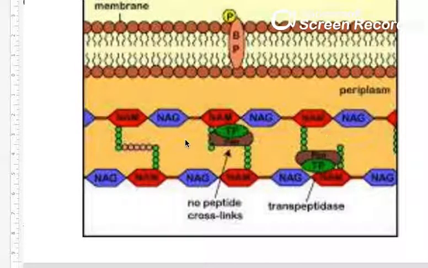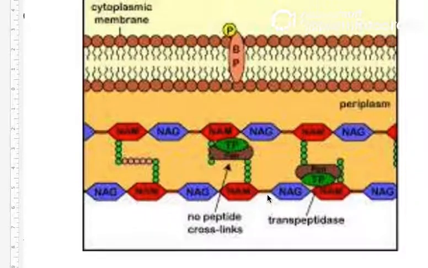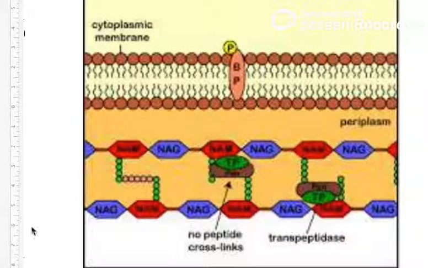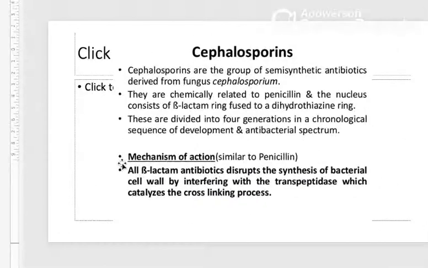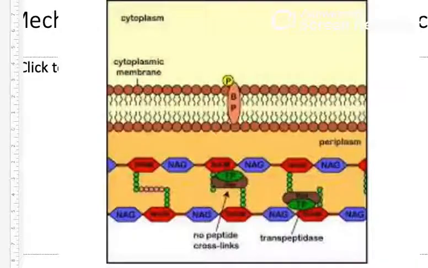So, if there is no cell wall, the growing bacterium will break because there is the thinning of the cell wall, which will no longer protect it from the environment. So it will break. That is the mechanism of the action of penicillin.